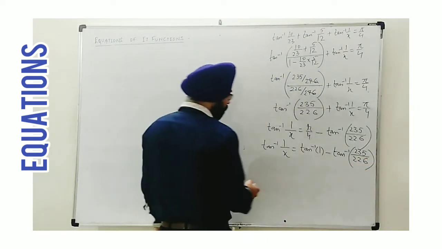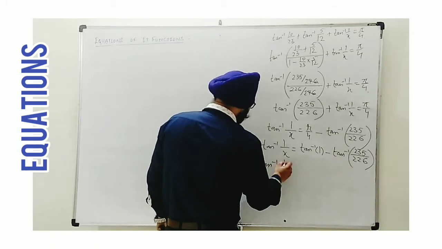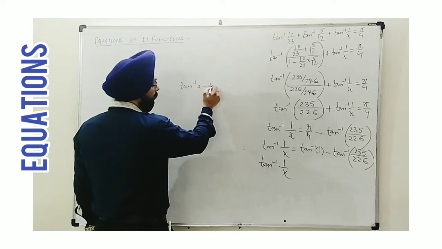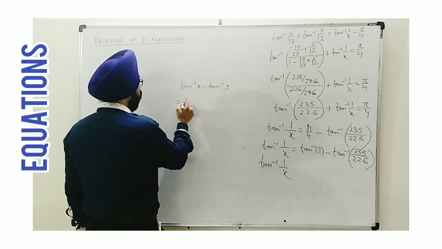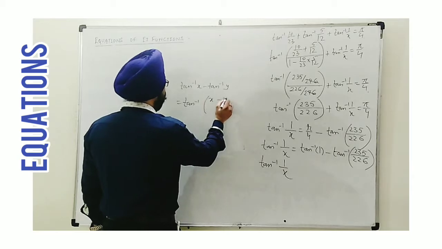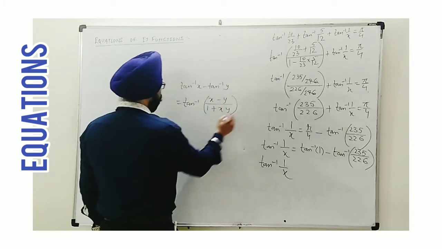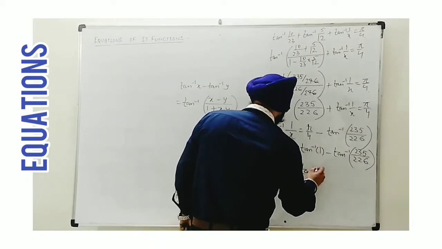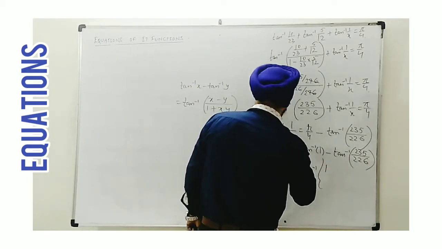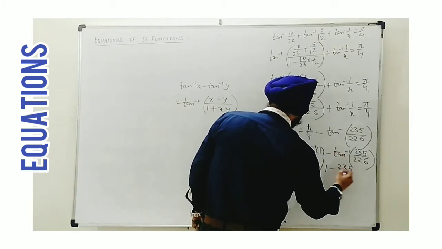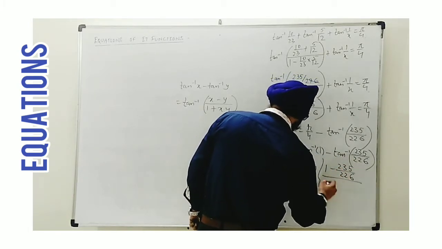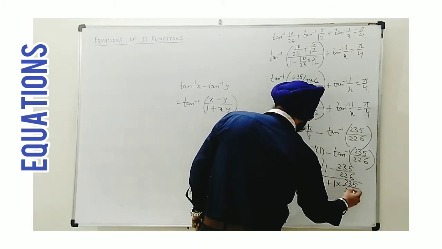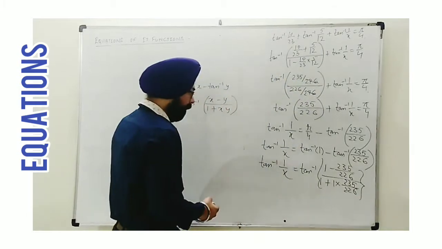Also, on the right hand side the identity applicable is tan inverse x minus tan inverse y, which is equal to tan inverse of (x minus y) upon (1 plus xy). The same identity we apply on the right hand side to get tan inverse of (1 minus 235 upon 226) upon (1 plus 1 into 235 upon 226). Now we solve it.